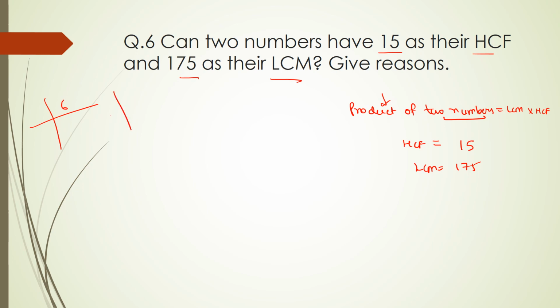Let's say we have 6 and 15 here. 2 3s are 6, 3 1s are 3. I gave you the same example before as well. 3 5s are 15, 5 1s are 5. So we can see HCF is what? This common 3, the highest common factor. And what can you consider LCM? 2 into 3 into 5, correct?